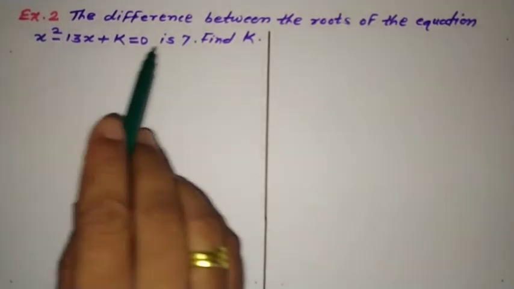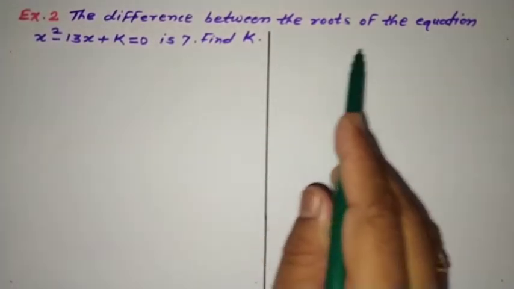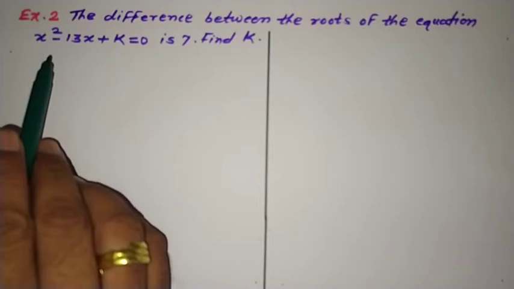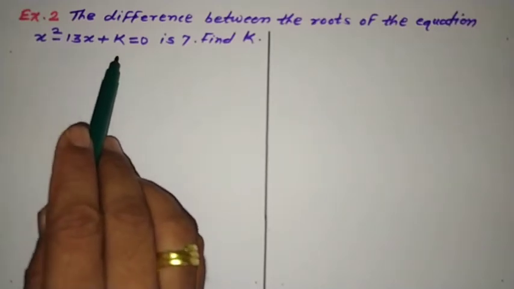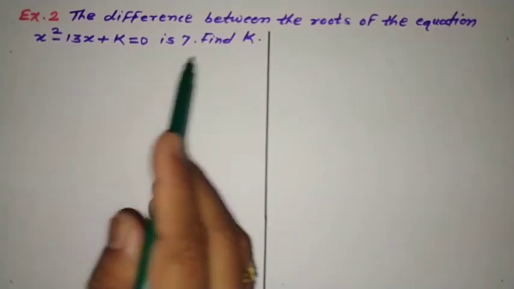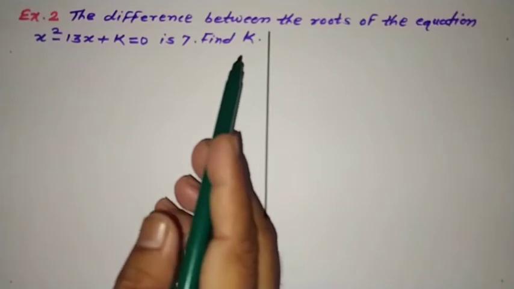Example number 2: the difference between the roots of the equation x square minus 13x plus k is equal to 0 is 7. Then find the value of k.